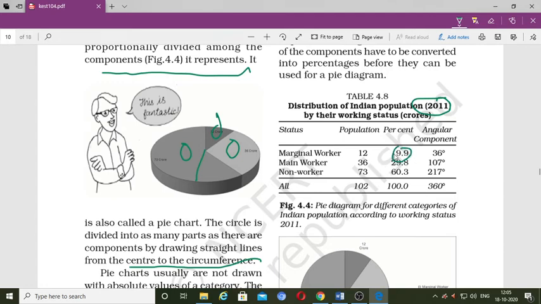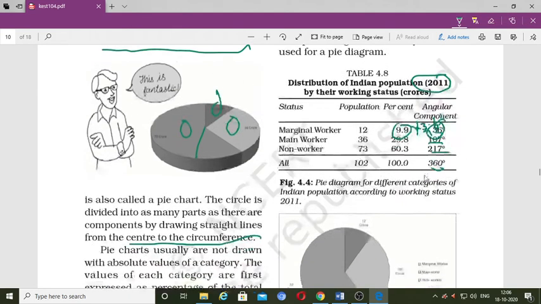Out of 100, 9.9% were marginal workers, 29.8% were main workers, and 60.3% were non-workers. We have simply multiplied each by 3.6 degrees, so we get these figures: 36, 107, 217 degrees. In this way we can construct these different angles in a pie chart.